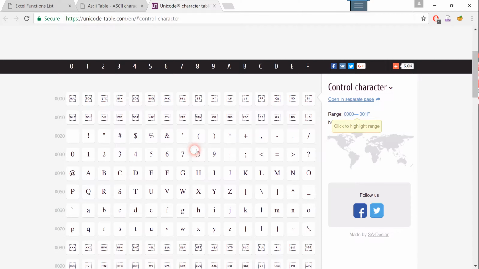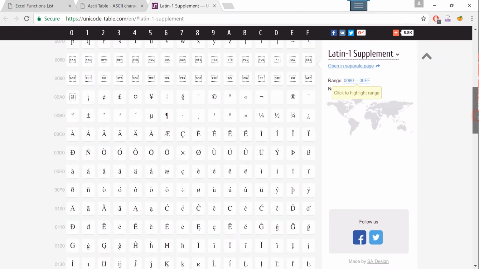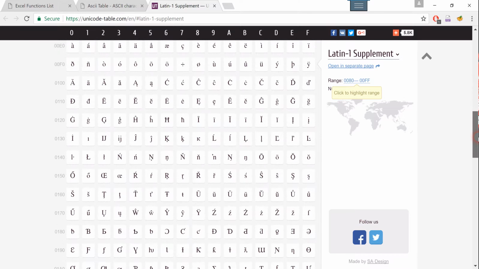Here are all the alphabets from A to Z, and then the lowercase from A to Z, and they have the same hexadecimal or decimal equivalence. That is very good because it was compatible with ASCII, which was the norm before Unicode became popular.